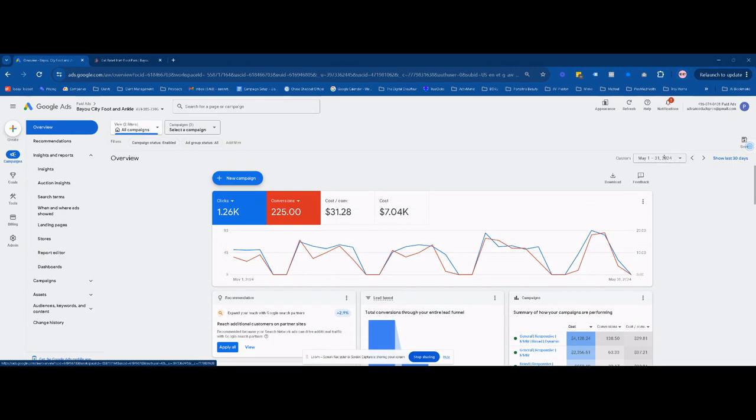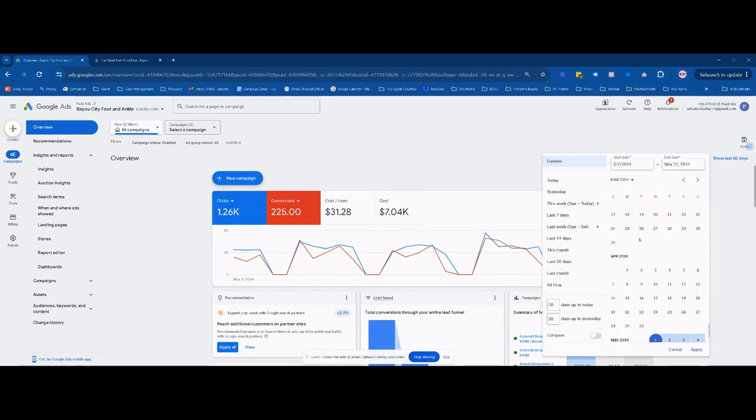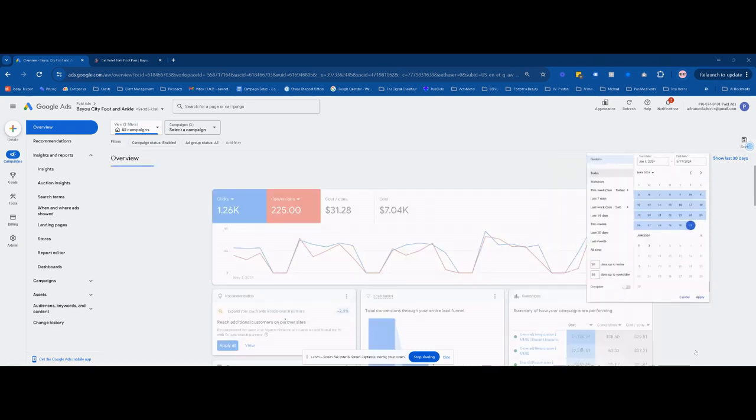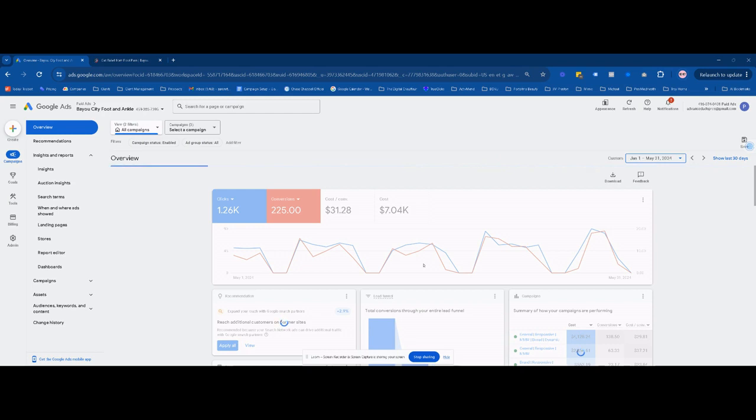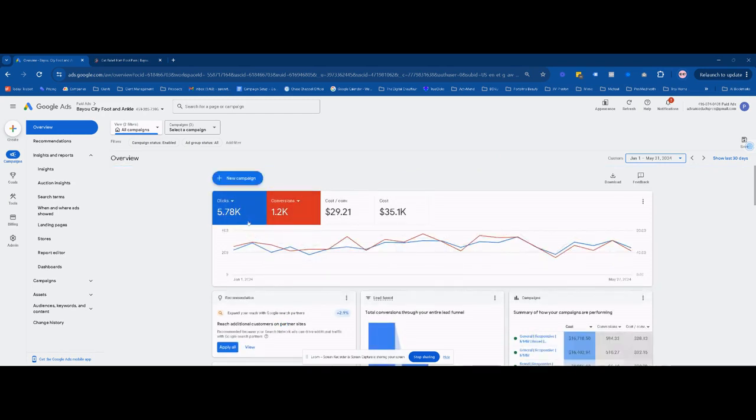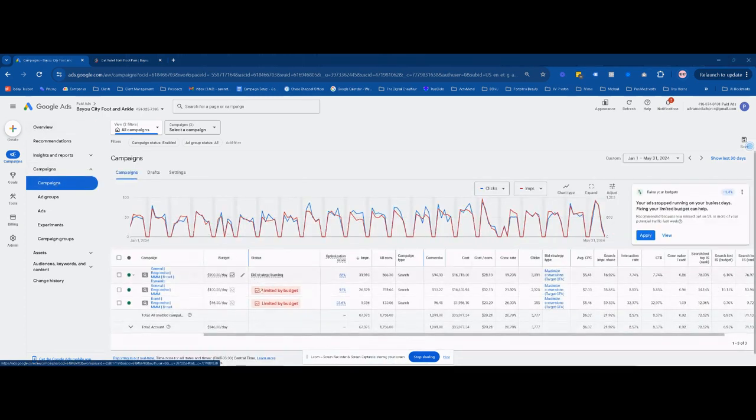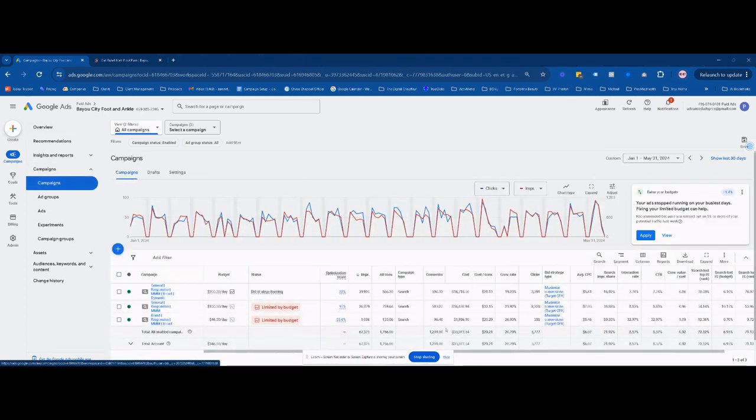So if I go, let's go with this year so far. We have about 1,200 phone calls for this practice. And we've even opened up another location as well. And so now the practice is operating 2 locations.